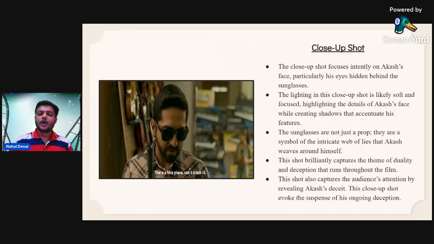Second, close up shot. The close up shot on the protagonist of this movie focuses intently on Akash's face, particularly his eyes hidden behind the sunglasses. The lighting in this close up shot is likely soft and focused, highlighting the details of Akash's face while creating shadows that accentuate his features.